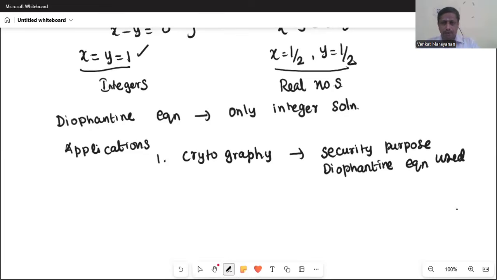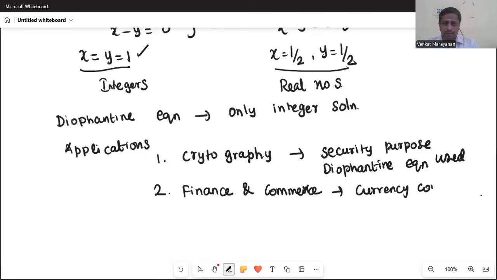Second, finance and commerce, for currency conversions, we can use Diophantine equations.